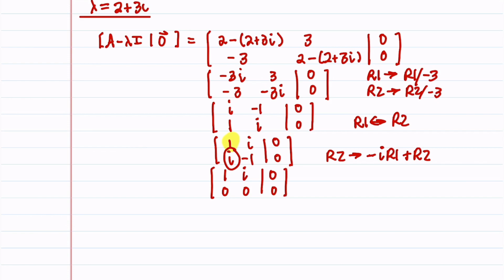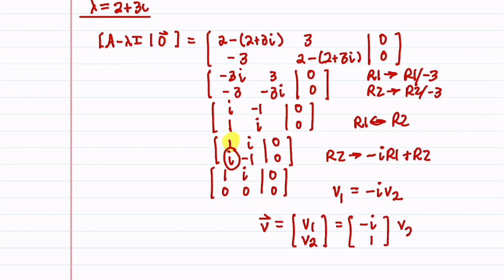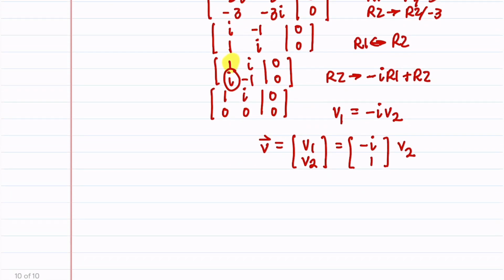Great. So this tells us that V1 is equal to minus i V2. So our V is given by V1, V2. So this becomes a minus i and a 1 times V2. So our eigenvector, if we choose V2 just to be 1, is equal to minus i, 1.